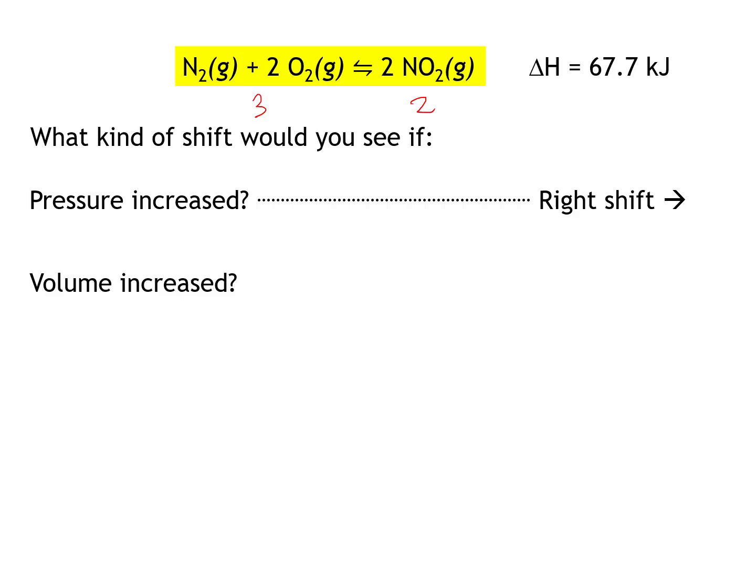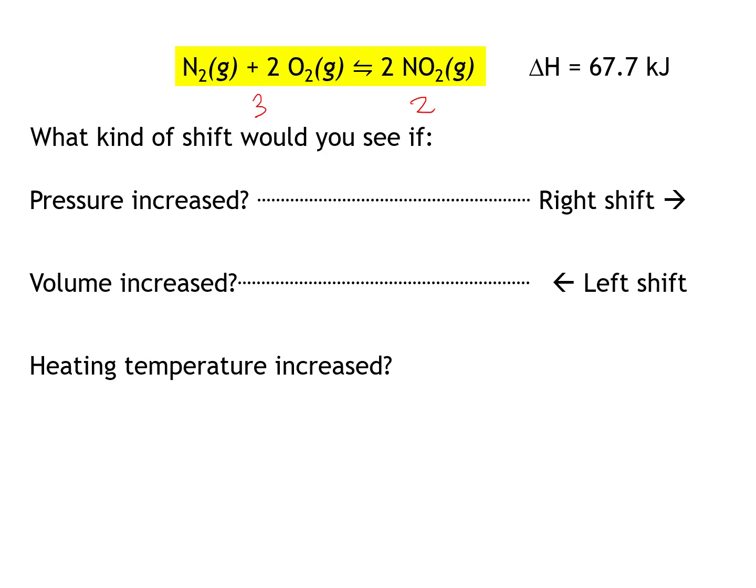Volume increased. Now you got to think back to the gas laws unit where we saw that pressure and volume are inversely related. So if increasing the pressure causes a right shift, that means increasing the volume will cause a left shift. You're making more space, so it's going to shift to the side that takes up more space.